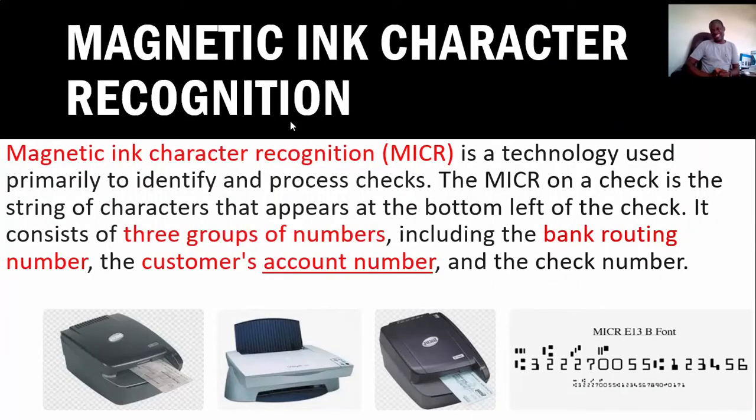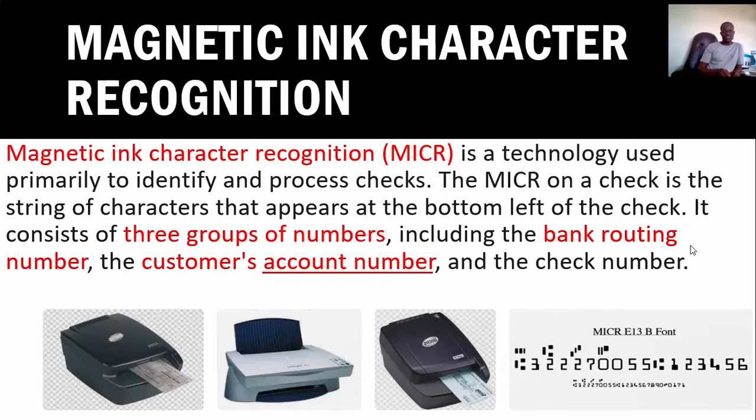Or magnetic ink character recognition. This is often used in the accounting area where bankers make use of three major characters. In these three major characters, take note, it consists of one, the bank routing number, two, the customer's account number, and then the check number.